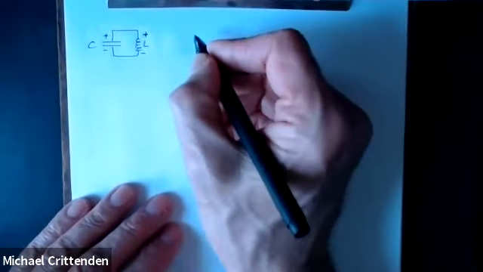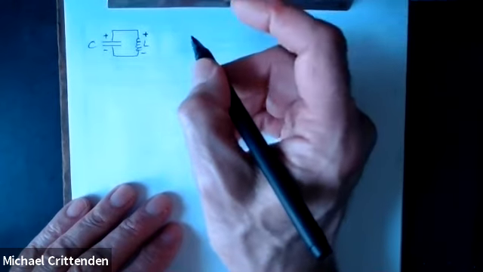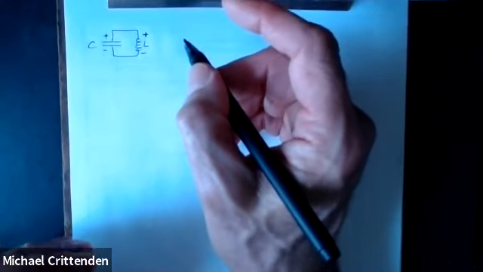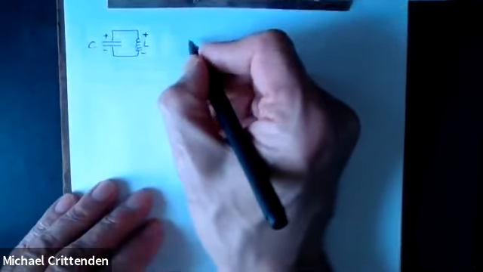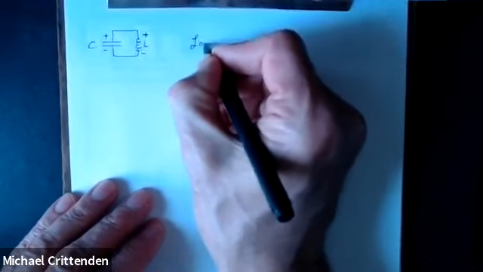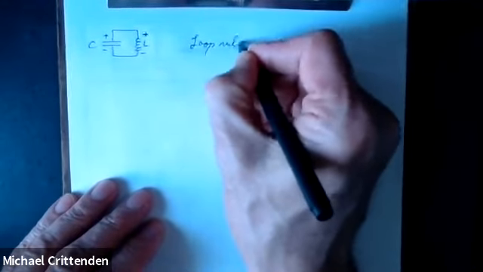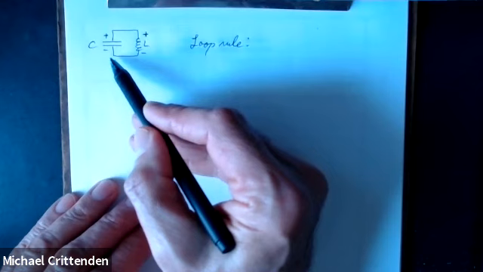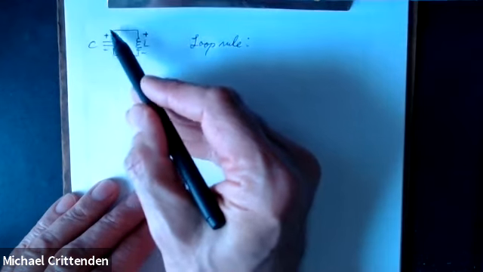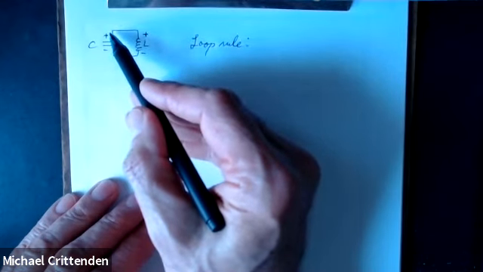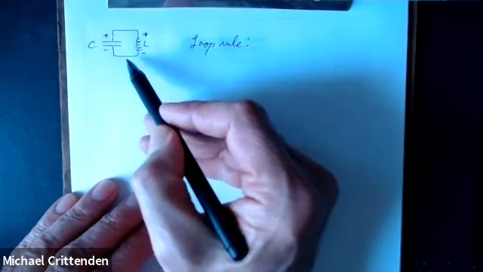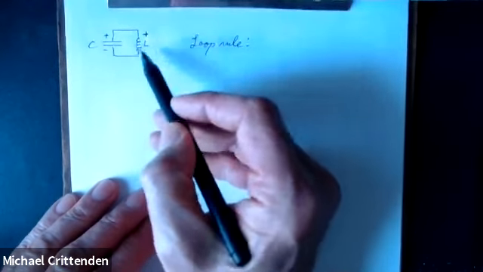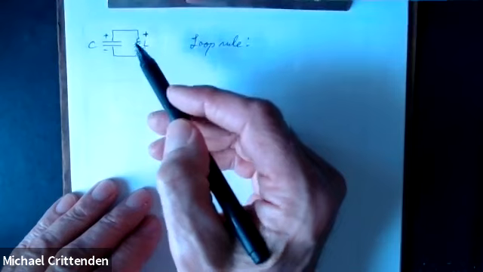And just like when I wrote the differential equation for the LR circuit, we'll start with the loop rule. I started up here and went around counterclockwise.